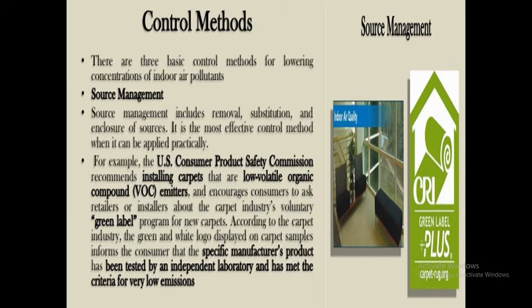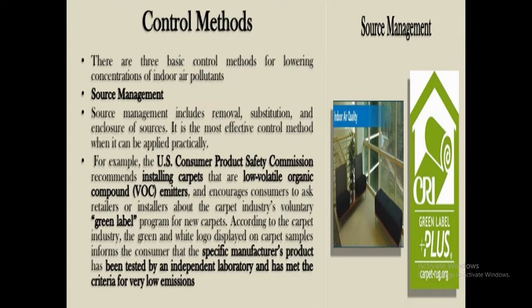Example: the US Consumer Product Safety Commission recommends installing carpet that is a low volatile organic compound emitter. A volatile organic compound is something that is quickly converted into gas, that is volatility. It encourages consumers to ask the retailer or installer about the carpet industry's voluntary green label program for new carpet.